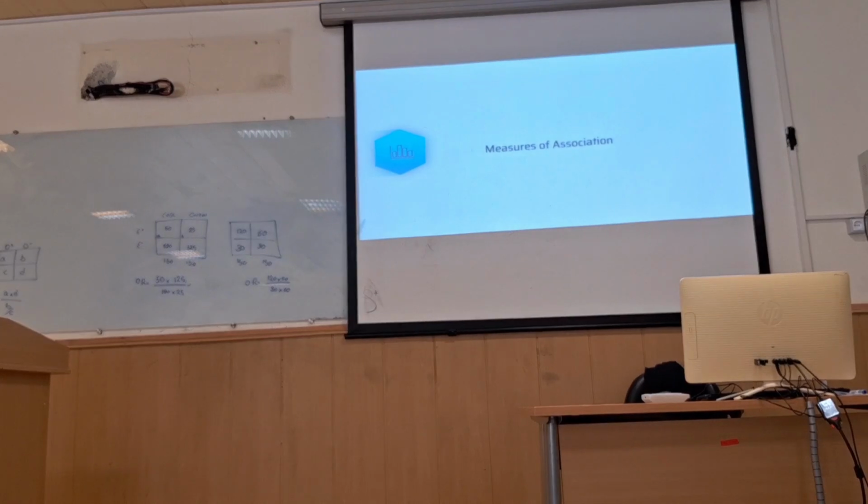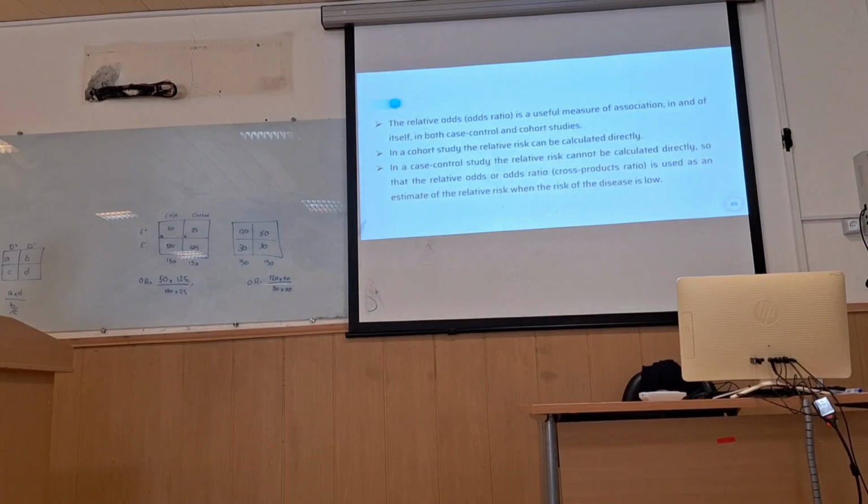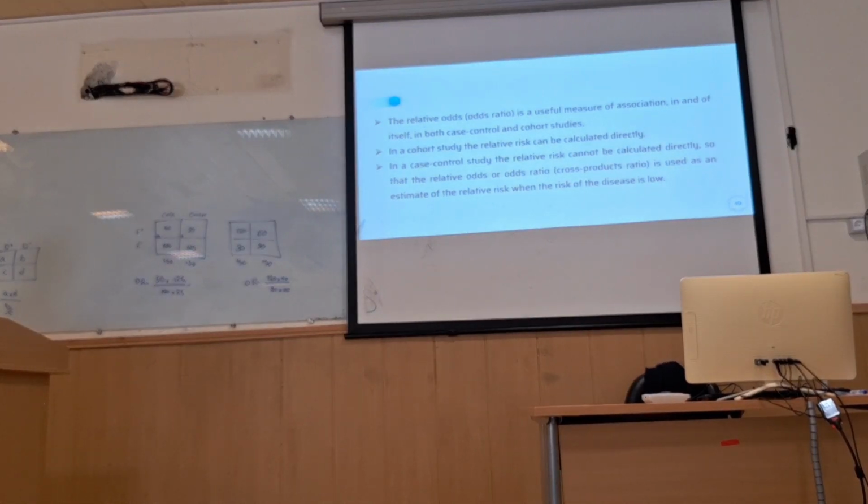Okay. So far we talked about different measures of association in epidemiology, including relative risk and odds ratio. Excuse me, can you revisit the last page? I didn't get the point. The point is, in case control study, you have one indicator to assess an association.